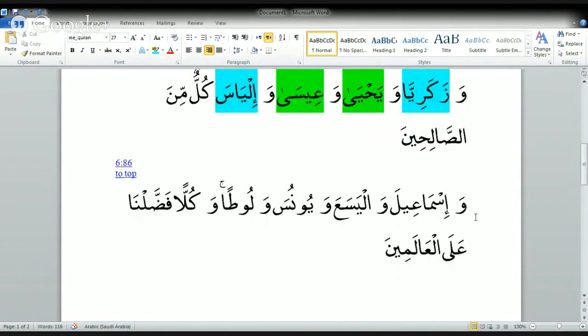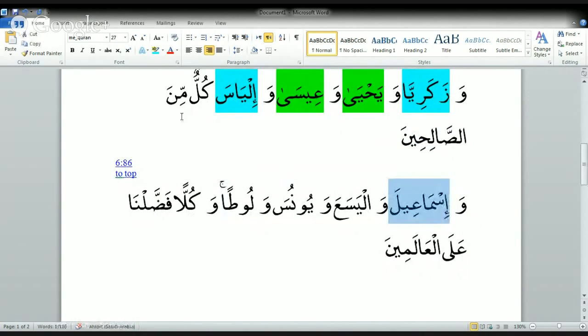All right. Anything else here? Ismail is partly flexible. Okay. Anything else? Al-Yasa' is fully flexible, Alif Lam.